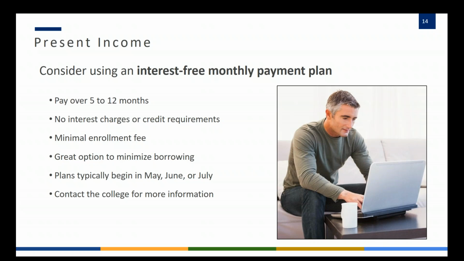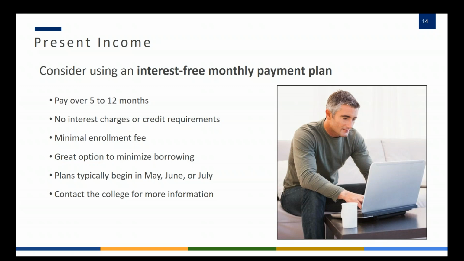Every college will have some sort of payment plan or budget plan. There's usually a small fee to participate, usually about $50 to $100. It allows the family to spread out their costs over a period of 5 to 12 months versus having to write a check each semester.